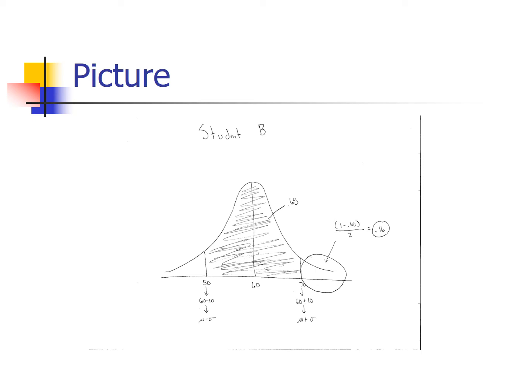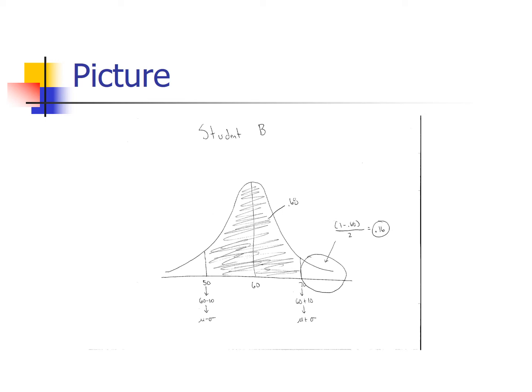Again, I have my bell-shaped curve. It's centered at 60. I ultimately want the area to the right of 70, so I circled the area that I'm looking for. The empirical rule is based on that middle area, so I shade that in. What is the area between 50 and 70?